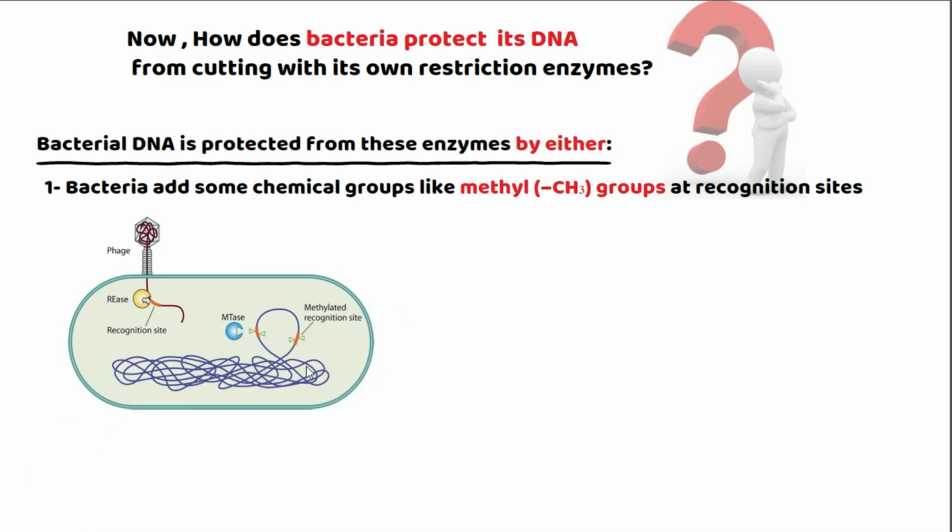Like here, the bacterial chromosome, where a certain group of enzymes can add a methyl group at the same recognition sites for the same DNA sequences. Okay, this chemical modification is used by bacteria to hide the recognition sites from the restriction enzymes.